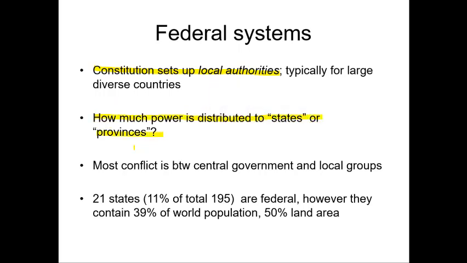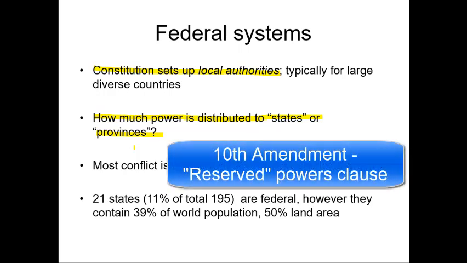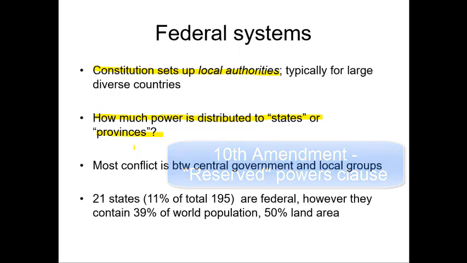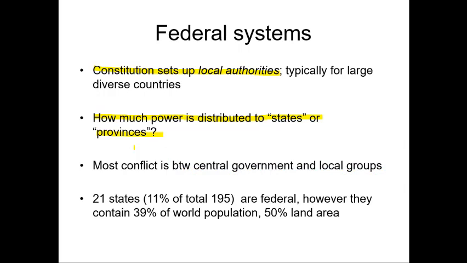So this is the big question: how much power is given or distributed to the states or to the provinces? That was a pretty big debate during the writing of the Constitution, about how much we are actually going to specifically give to the states. And this is where the 10th Amendment is so important, because the 10th Amendment of our Constitution is the Reserved Powers Clause, which literally states that whatever is not specifically written in the Constitution is therefore reserved or delegated to the states.